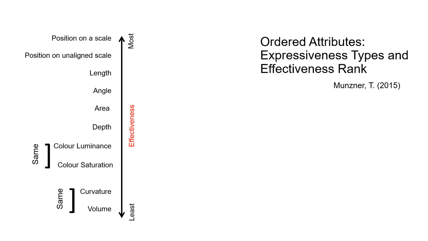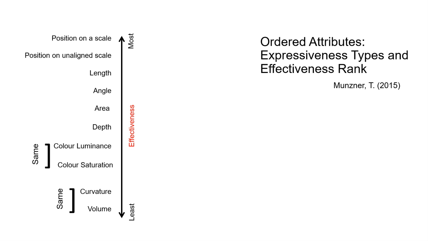Why the choice of different styles of visualization for the different kinds of data? When representing ordered attributes, which this data is, different channels have different degrees of effectiveness, particularly in terms of the human eye accurately judging values.